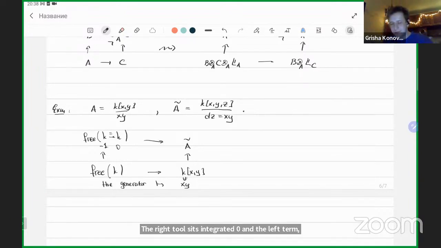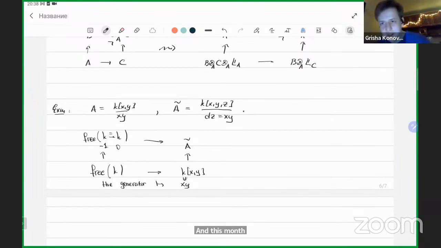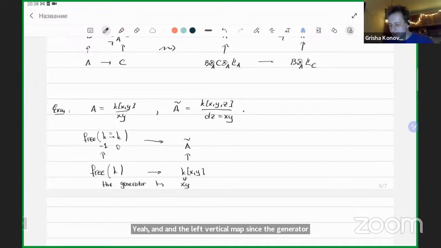And the left vertical map sends the generator to the generator of degree 0.